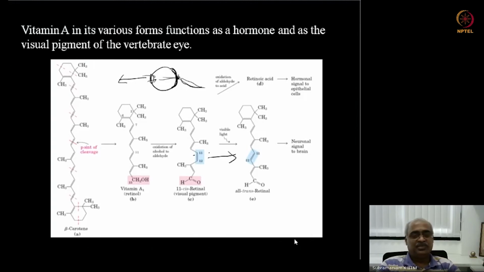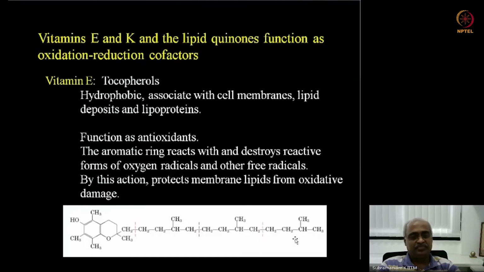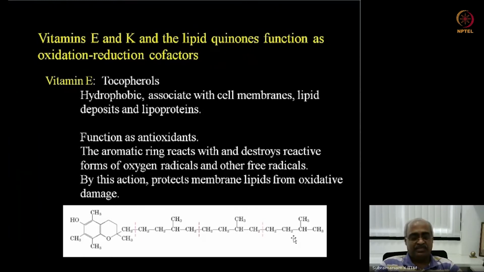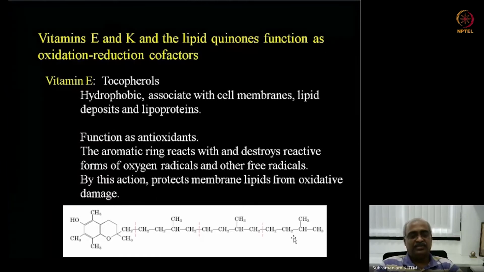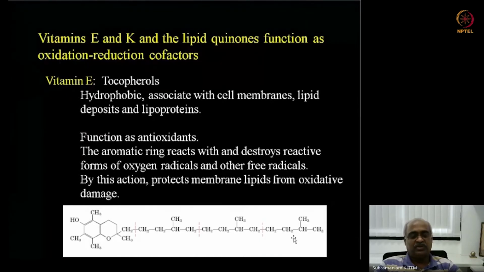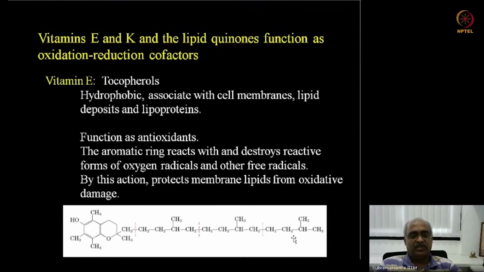Move on from A to now E. Remember we were talking about rancidity, lipid peroxidation. When you have a double bond in the aliphatic chain, you can have oxygen added between those two carbons, and that is a peroxide, as I was talking about, and that causes rancidity and membrane damage.